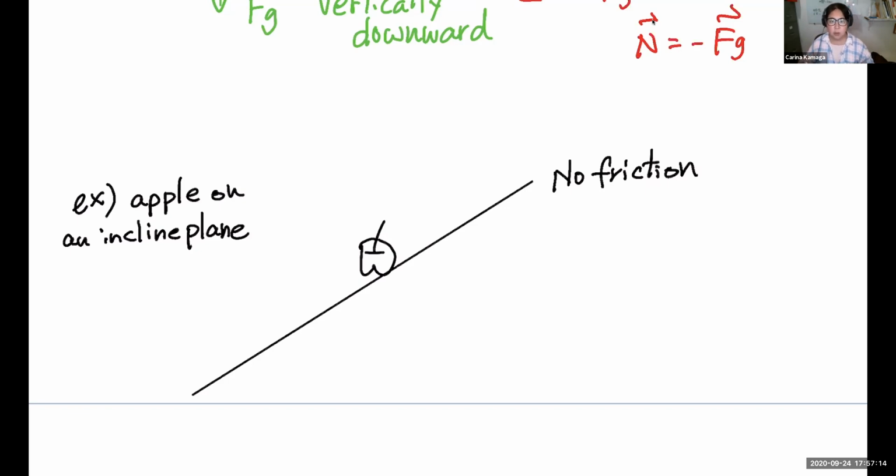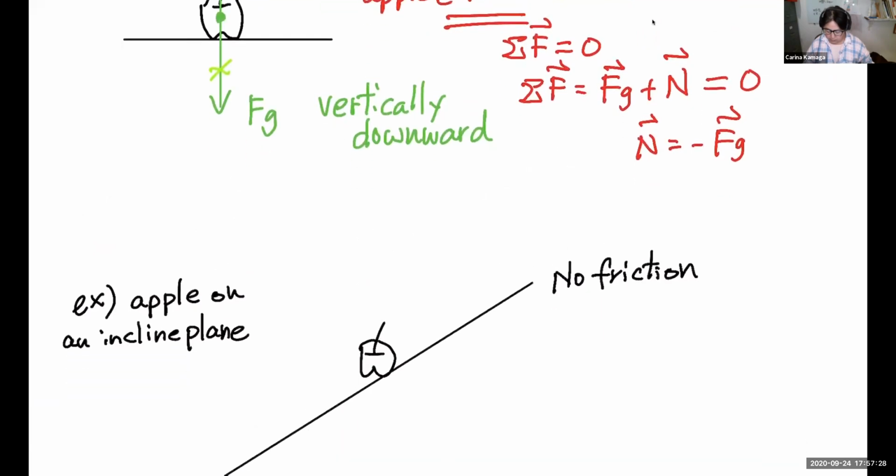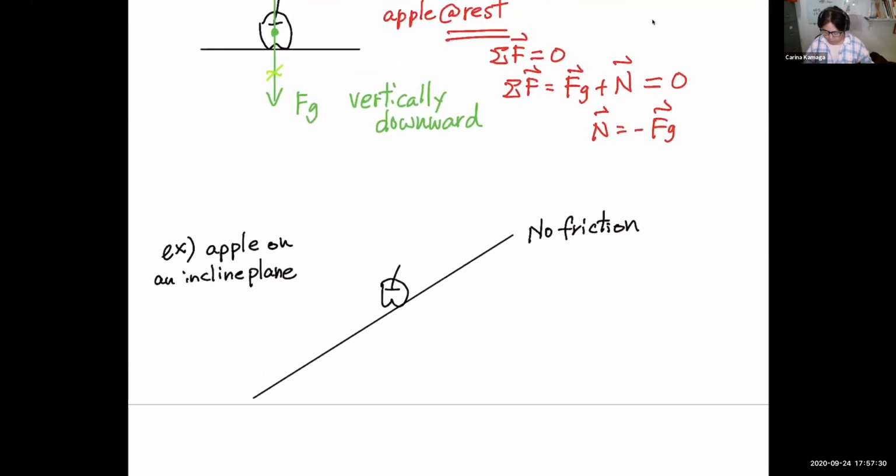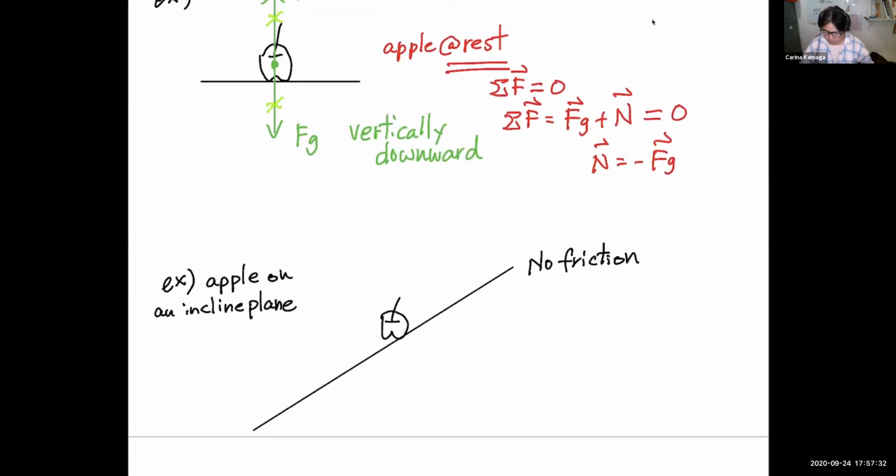Gravitational force only depends on its mass. So the magnitude hasn't changed, and it's still vertically downward. So I'm going to draw the exact same vector as I did before on the flat surface, because it's the same apple. Just because it's on an inclined plane doesn't mean the gravitational force changes. This is the same gravitational force on the apple.